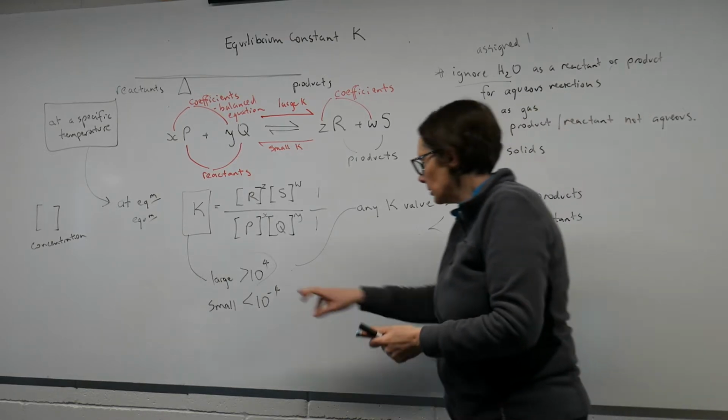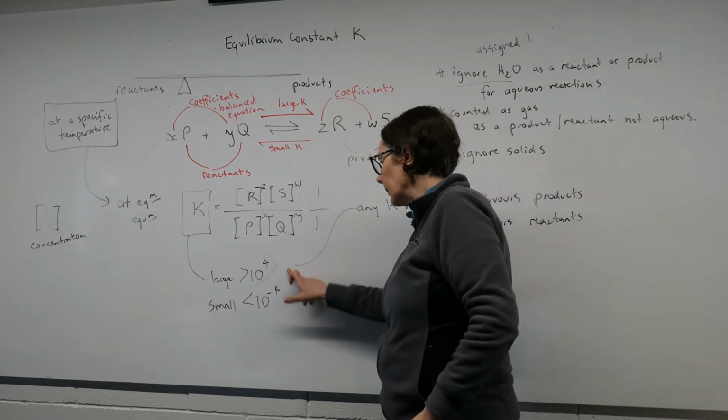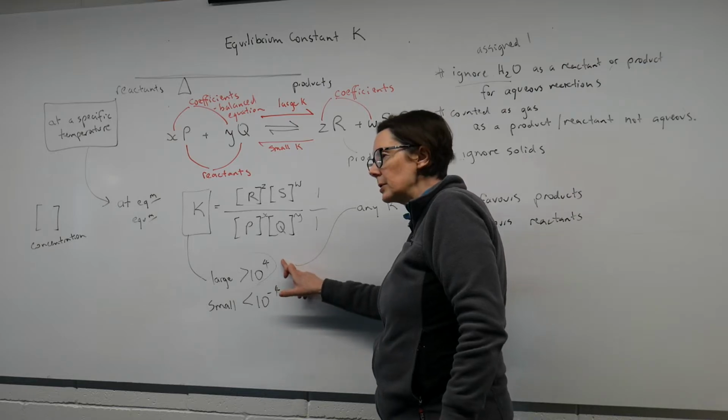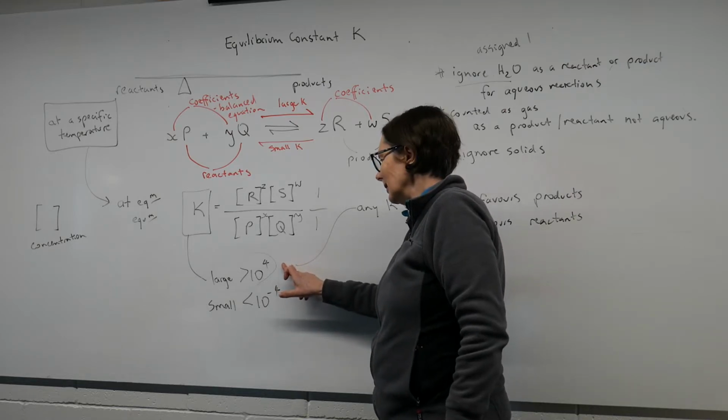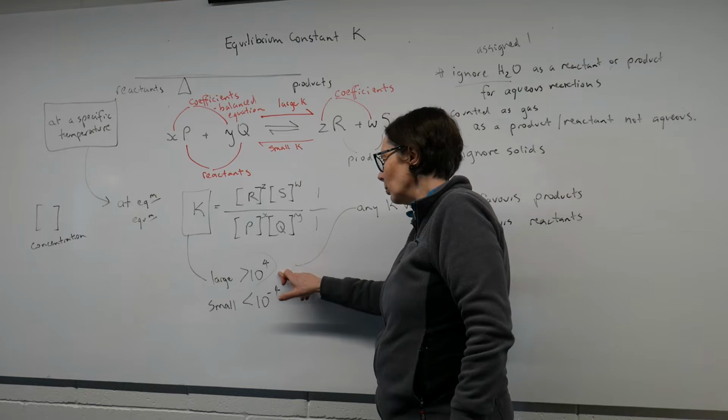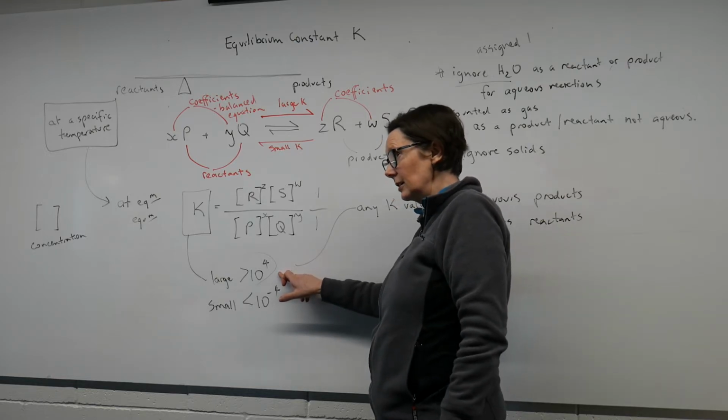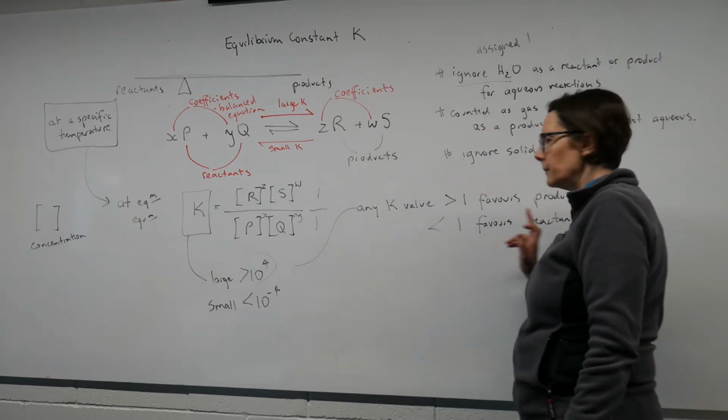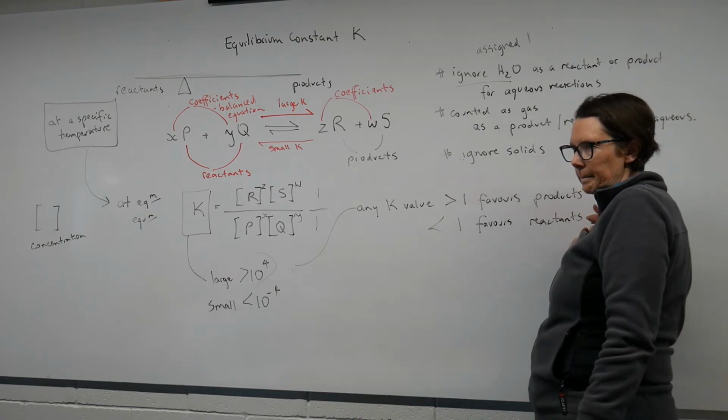But sometimes students get a bit tangled up or a bit worried about these numbers because, well, what happens if it's 10 to the 3? Is it still large? Well, it still favours the products.